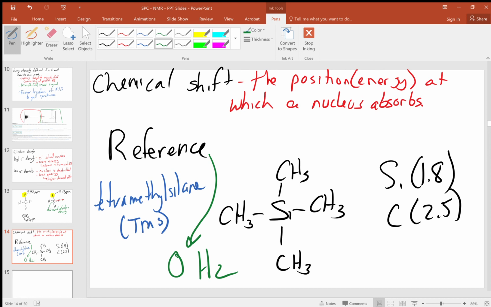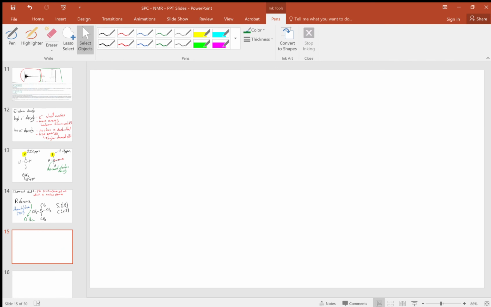Now, the problem with using hertz, and that's how the instrument normally gives us the data initially, is that using hertz gives us values that are dependent on the instrument that we use. So in other words, if we have a 300 megahertz magnet and a 400 megahertz magnet, they're going to give us different chemical shift values. And so the way that we deal with that is we use this delta, or ppm, parts per million scale.